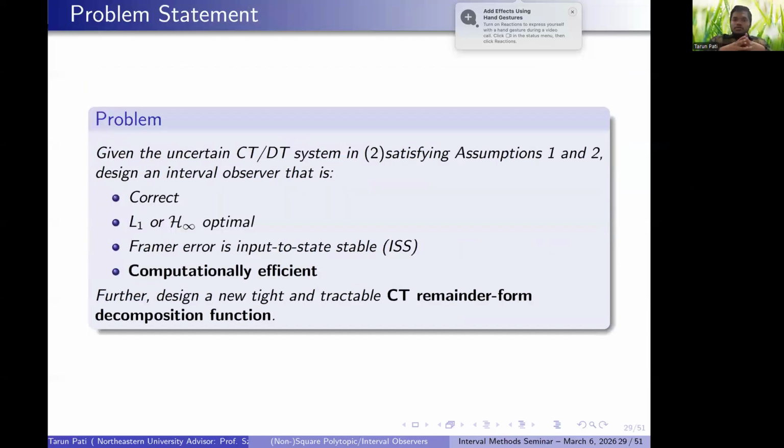So now we can state the problem that we are trying to solve: given the system described in two that satisfies our two assumptions, we want to design an interval observer that is correct, that is stable, and also does not involve any mixed integer programming. That means our observer is computationally efficient.